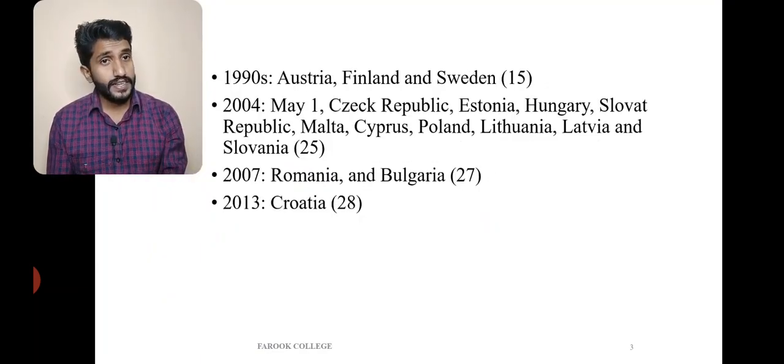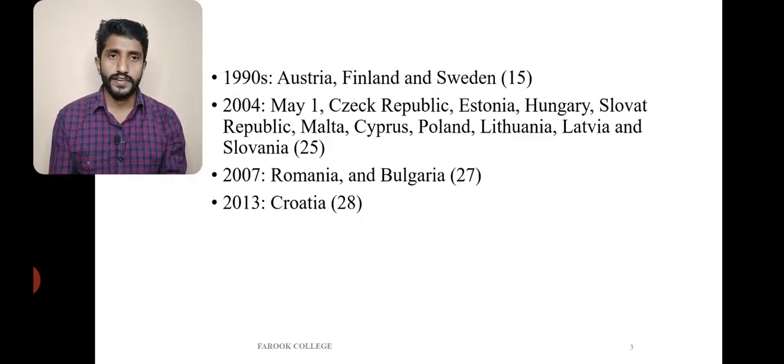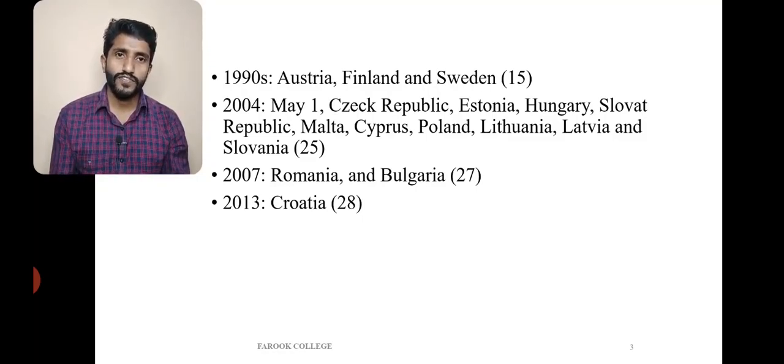Then in the 1990s Austria, Finland, Sweden. Then on 2004 May 1st, 10 countries joined: Czech Republic, Estonia, Hungary, Slovak Republic, Malta, Cyprus, Poland, Lithuania, Latvia and Slovenia. So in total it became 25 members.